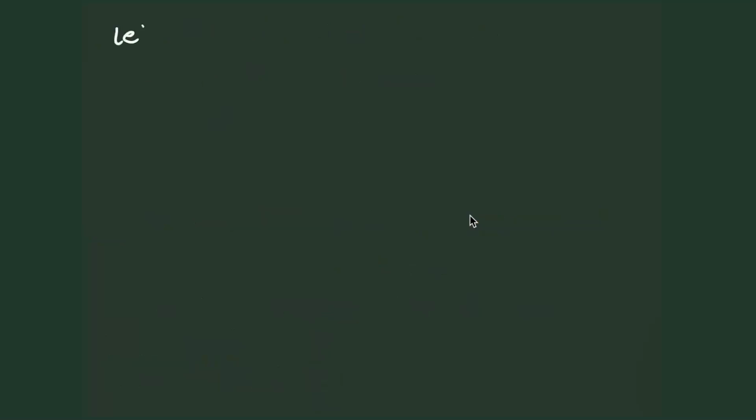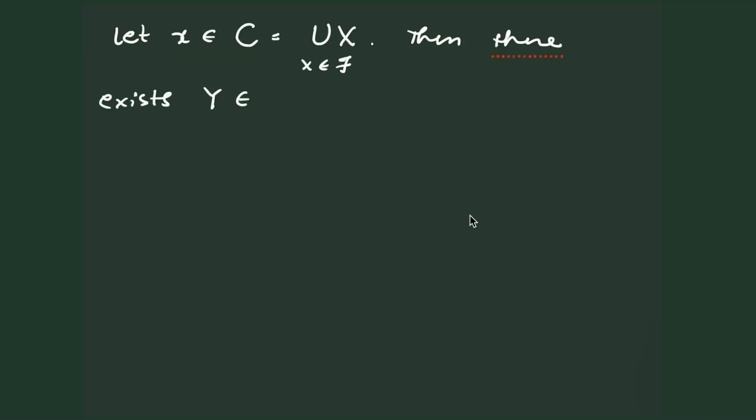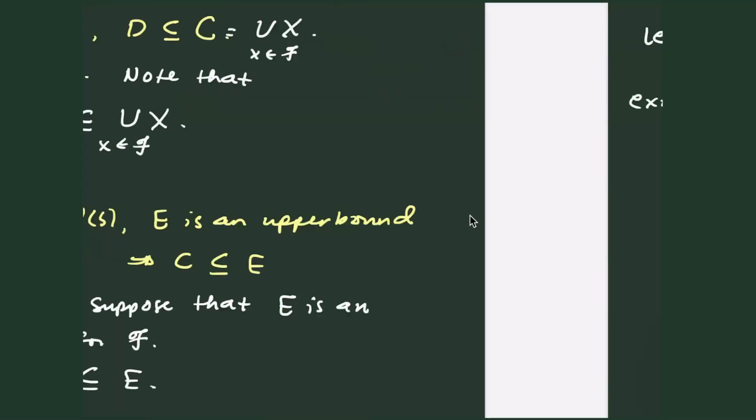So let X be an element of C, but remember that C is the union of all the sets in F. What does it mean for X to be in the union? By definition, there exists a Y, a set in the family, such that X is an element of Y. What do we want to do again?